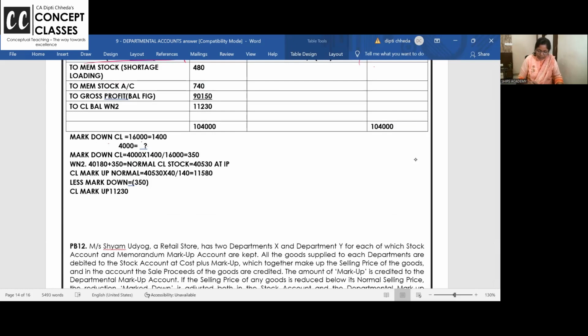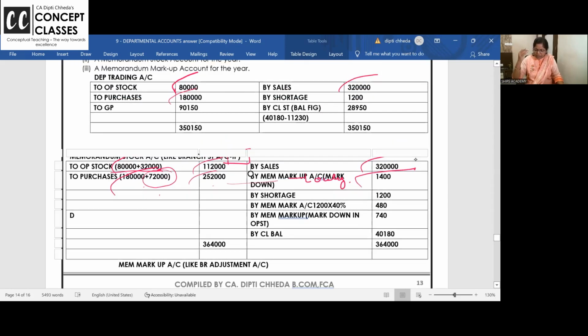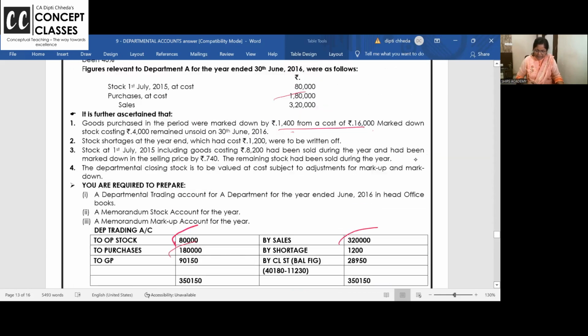In 16,000 कॉस्ट के गुड्स में 1400 मार्कडाउन है, तो 4000 में कितना मार्कडाउन है? 350. 350 मार्कडाउन इज स्टिल देयर इन द क्लोजिंग. यस, जो भी क्लोजिंग आएगा उसमें 350 ऑलरेडी मार्कडाउन है. दैट वी हैव कैलकुलेटेड इन द वर्किंग.